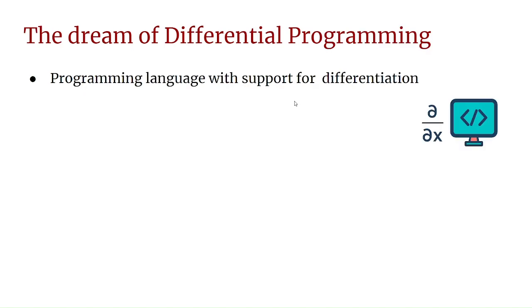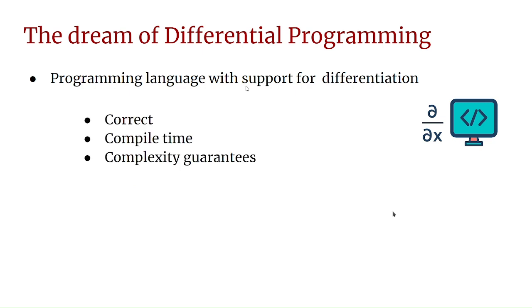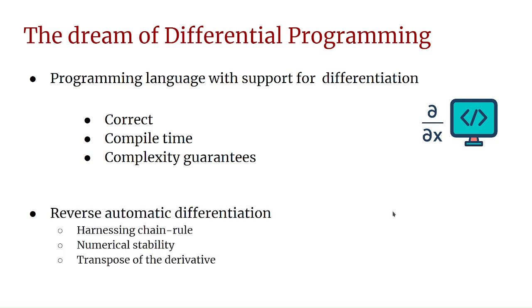So this is where the dream of differential programming begins. We want a programming language or DSL with support for differentiation. Of course, we want it to be correct. We want to compute at compile time, and we want complexity guarantees. In the practical cases, the functions have domains with large dimension, and because of that, we usually care more about the so-called reverse automatic differentiation.